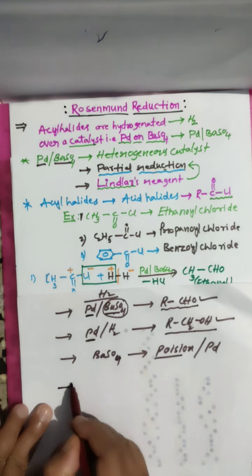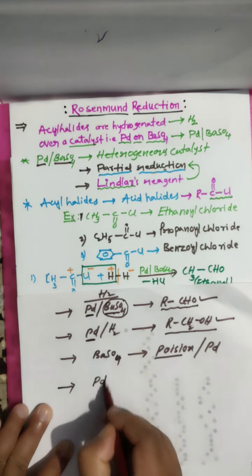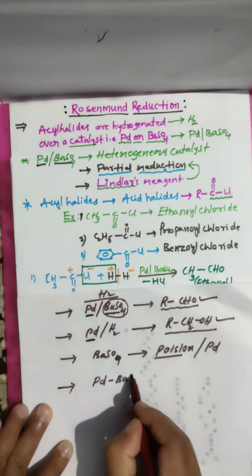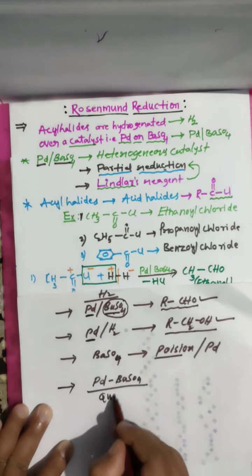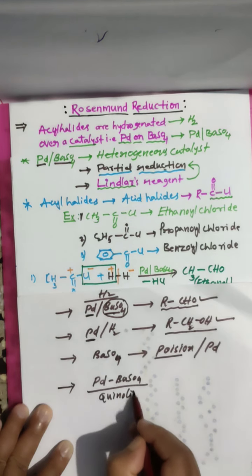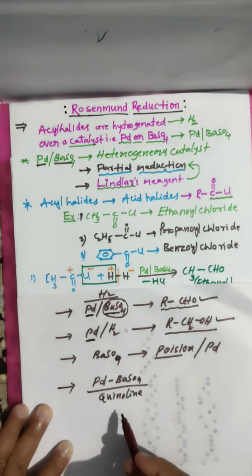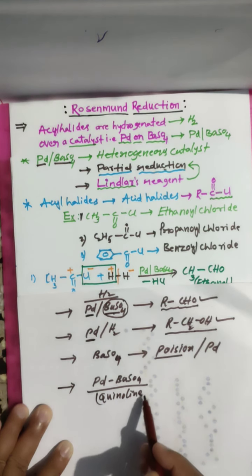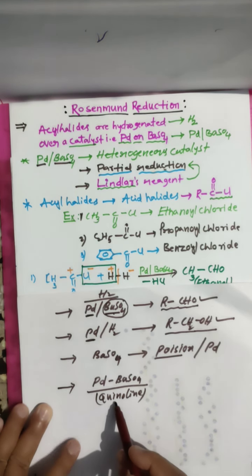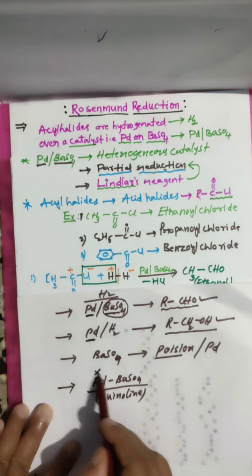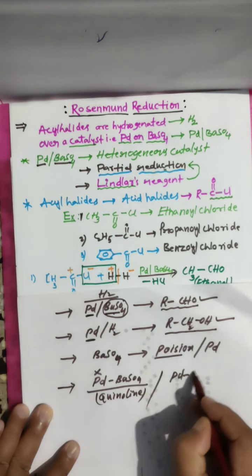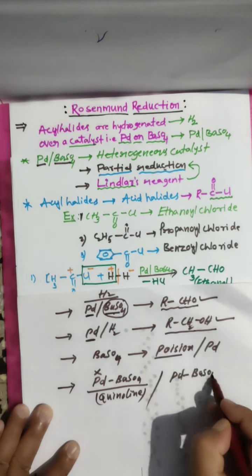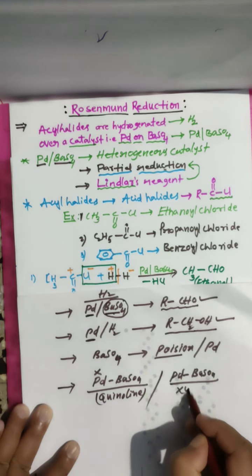And sometimes they will give it like this: palladium on barium sulfate in quinoline. This is also the same. This quinoline will reduce the reactivity of this palladium. And sometimes they will give palladium and barium sulfate in the presence of xylene.